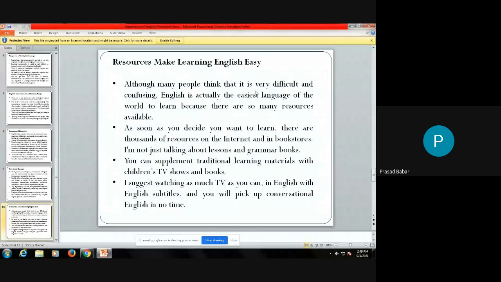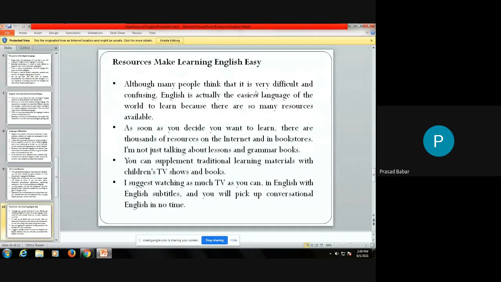Let's take for example Marathi or Maharashtrian people. If we Maharashtrian people want to learn Malayalam or Telugu language, is there any difference between learning English grammar and learning Tamil grammar?